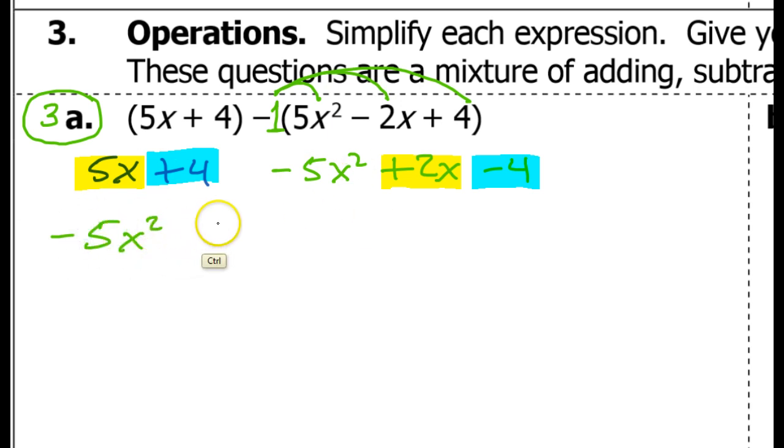That's the highest exponent. Next comes the x terms. 5x and 2x will make 7x. So I'm going to have plus 7x. And interesting, positive 4 and negative 4, they cancel out completely. So I will write down nothing. So this is the final answer for 3A.